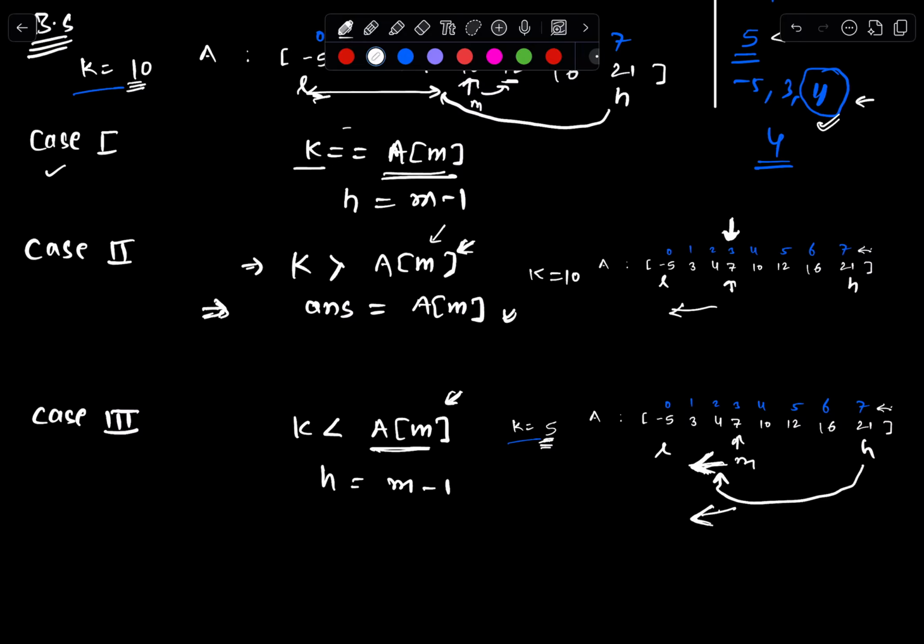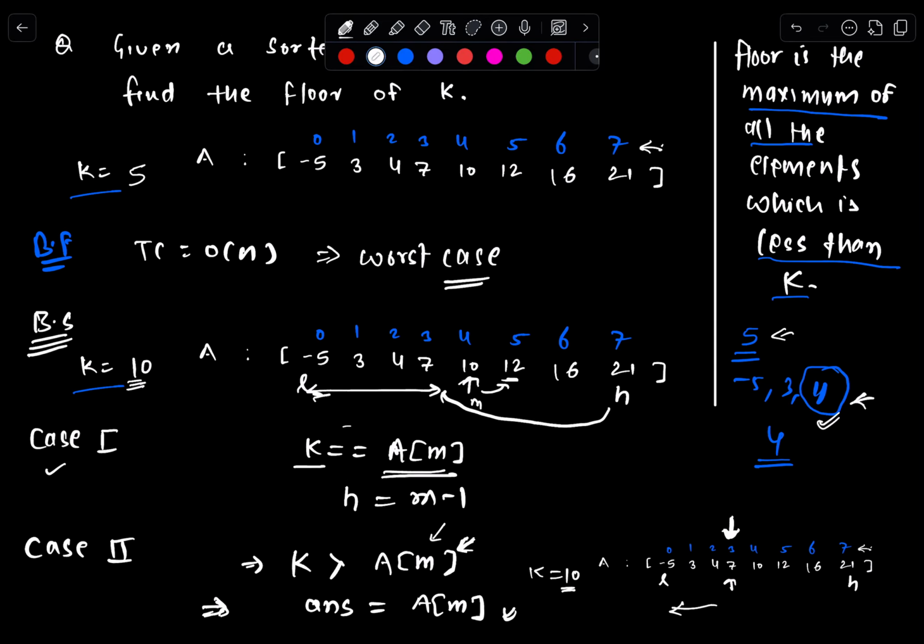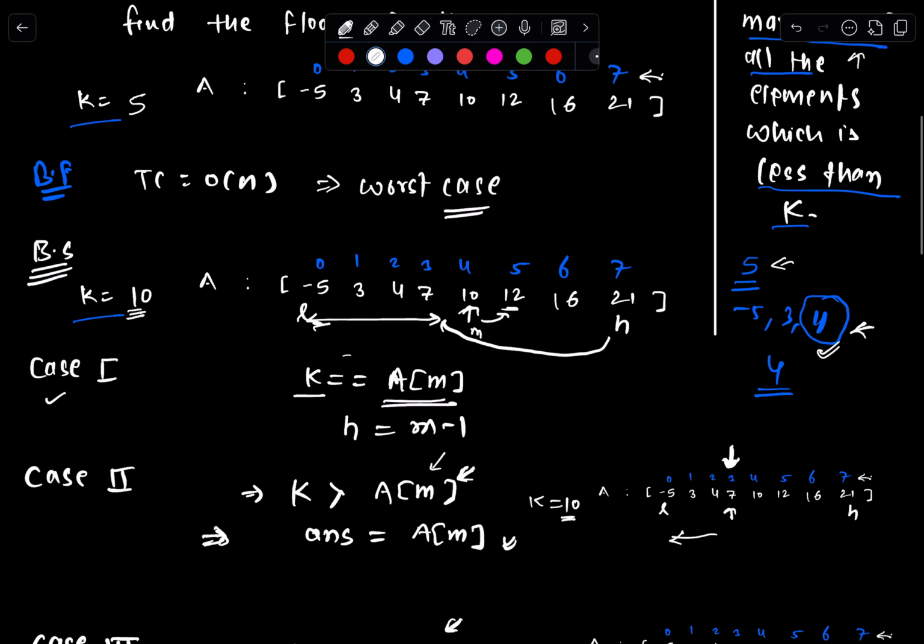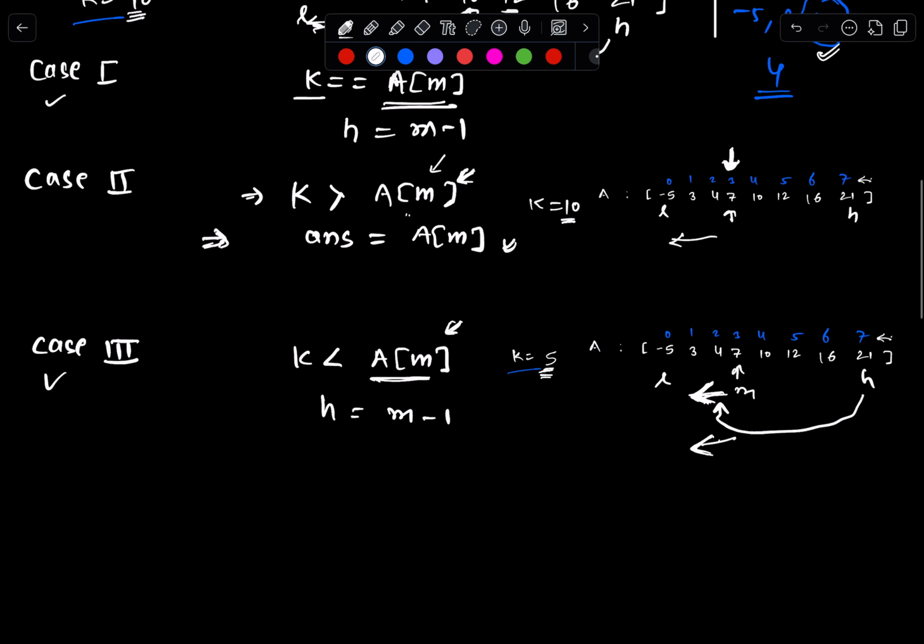These two cases are fine. Now for case 2, if my middle element is smaller than k, then this could be the answer. This is what is being asked: we have to find the element which is less than k. We will see what is the maximum element, but we have to find the elements which are less than k. And this element is less than k, so this could be my answer, right? I hope you agree with this.